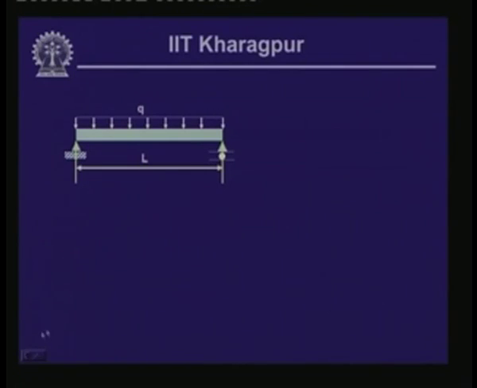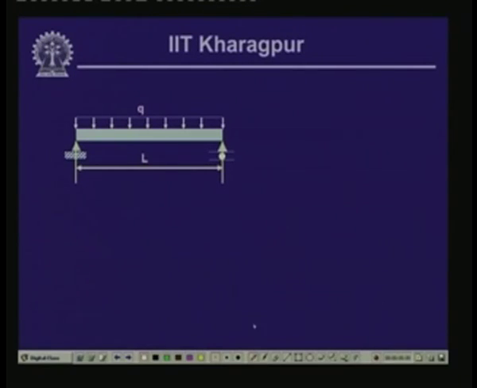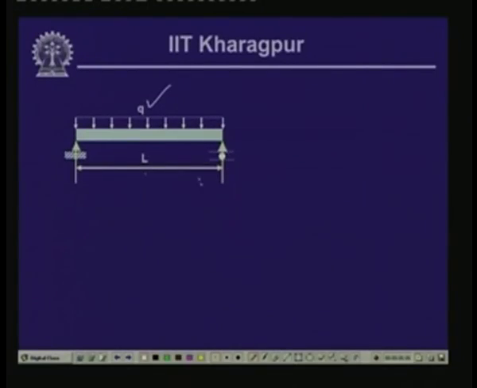Now, let us look into what happens if a simply supported beam, instead of a concentrated load, is subjected to a uniformly distributed load of intensity q over the length L, then what happens to the shear force and the bending moment diagram. Here, as usual, we have the reactive forces acting.